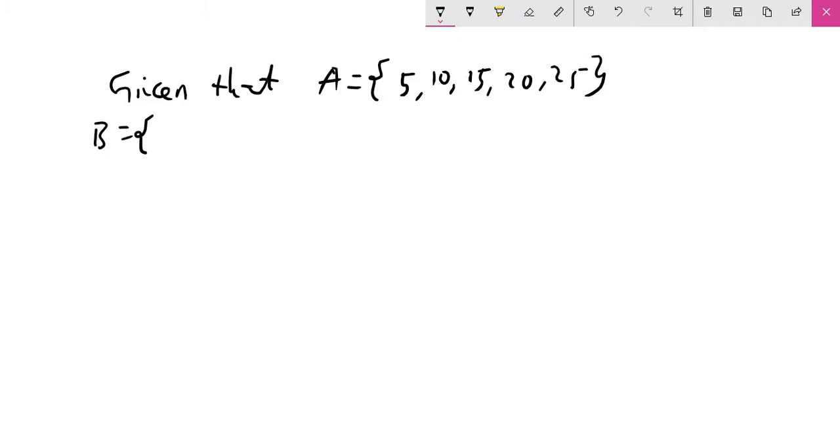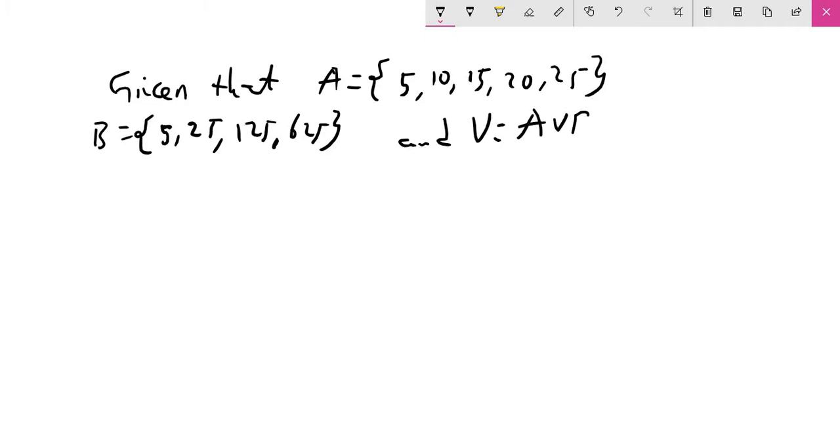B is equal to 5, 25, 125, 625. And the universal set, meaning the whole entire set under consideration, is A union B. It's a combination of these two. All right.